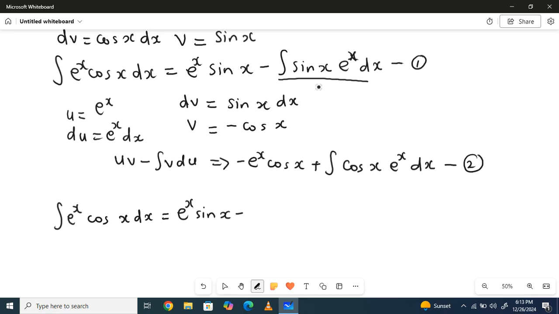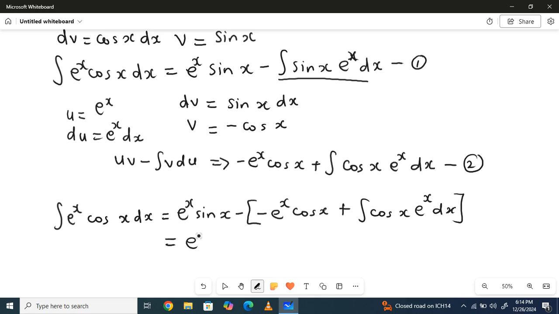We substitute 2 back, so we will put a bracket, then we will have minus e^x cos x plus the integral of cos x e to power x dx. We're going to expand the brackets and see what we get.